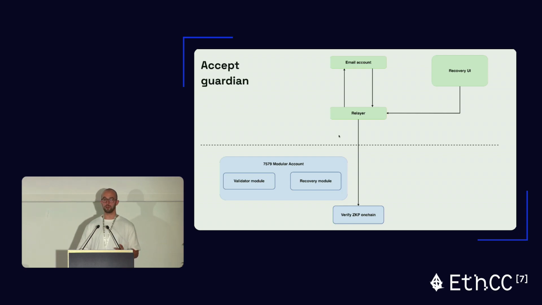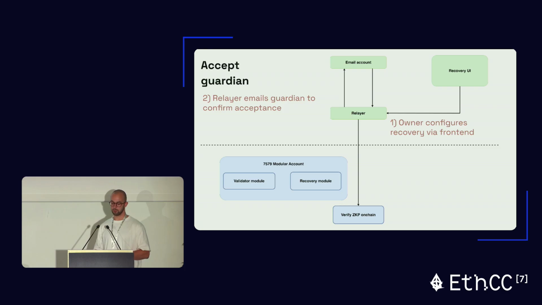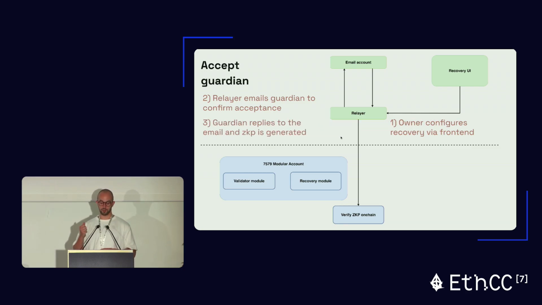We've already done step number 1, which is we set up recovery via the front end. We've already done step number 2, which is where the relayer emails the guardian to confirm acceptance. Step number 3 and 4 is what's happening right now in the live demo, and this is where we've replied to the relayer, the ZKP is being generated, and it's being verified on-chain.